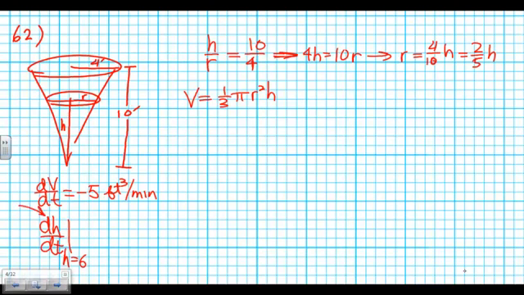If we only had a way to get rid of that r in that equation, I already did that. And that is 1/3 pi, and every place we see an r, we replace it with what r is equal to.